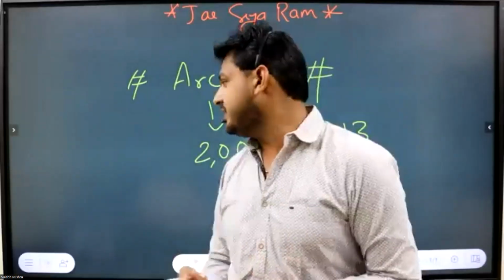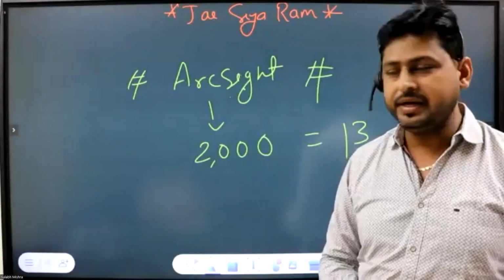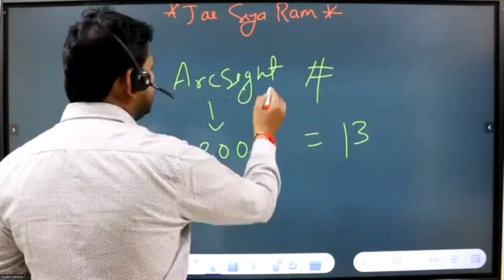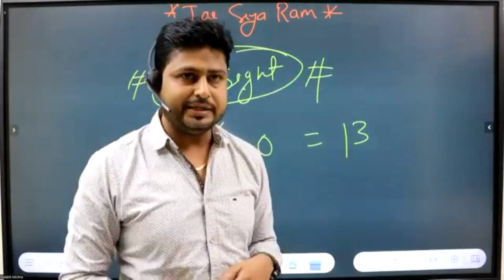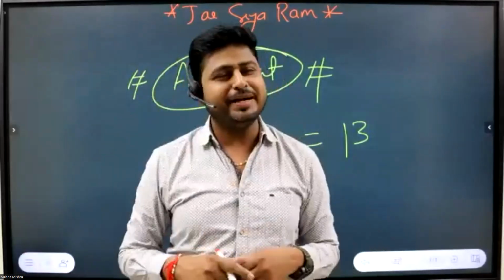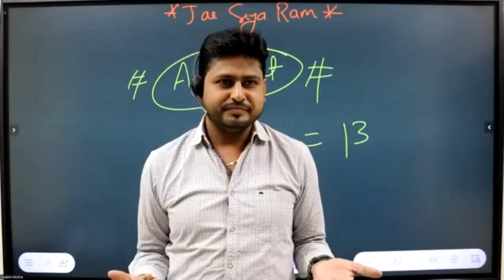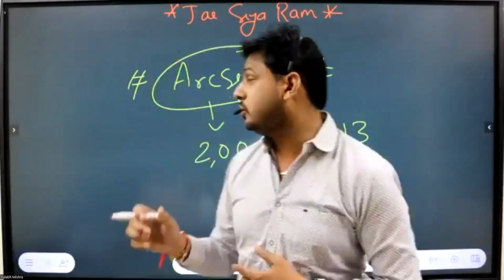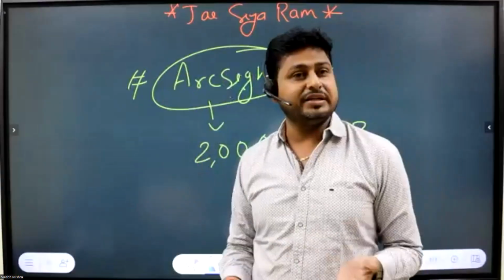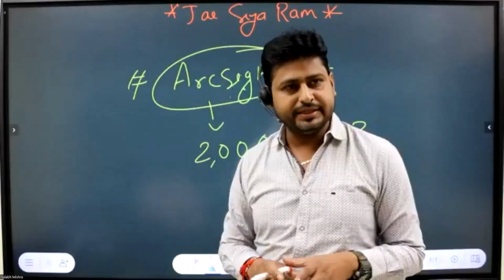The tool name was Arcsight and the company name was also Arcsight, like Splunk, where the tool name is Splunk and the company is also Splunk. Similarly, Arcsight started in 2000, and both the tool and the company were named Arcsight.